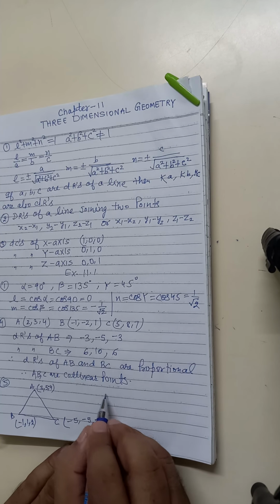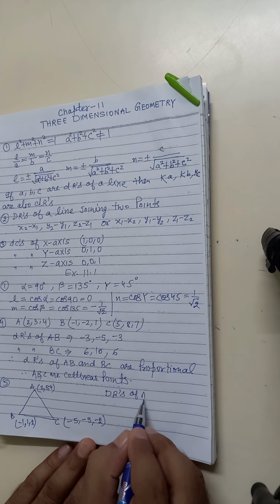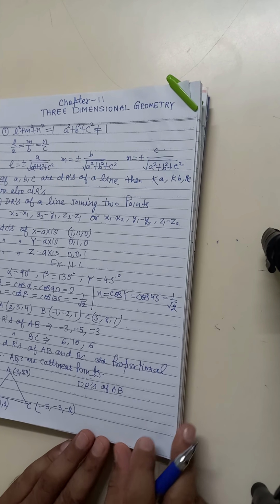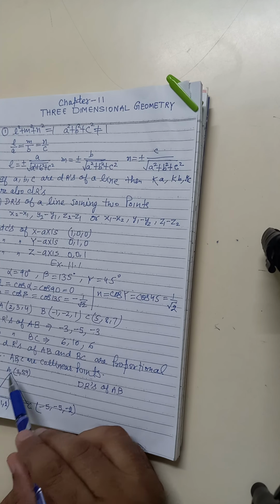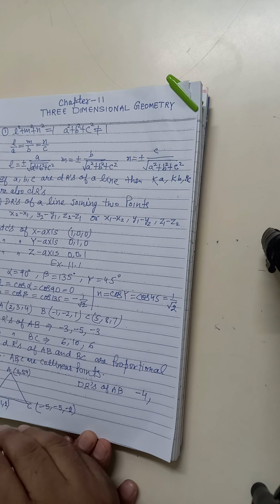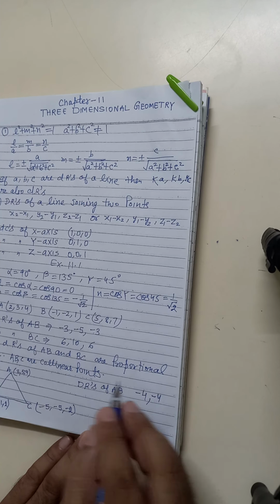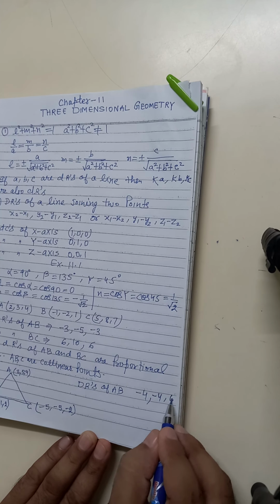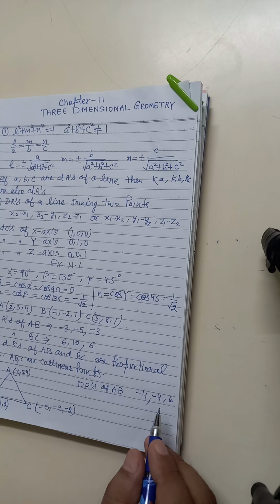Firstly find the direction ratios of AB. Direction ratios of AB: -1 minus 3 is -4, 1 minus 5 is -4, 2 minus (-4) is 6. Clear?